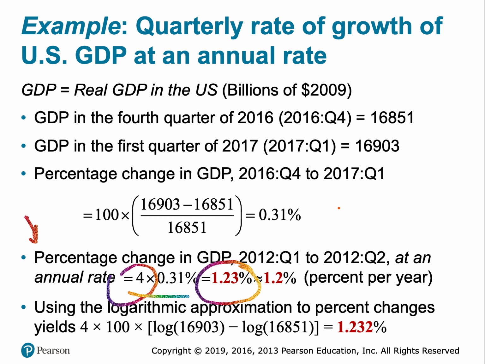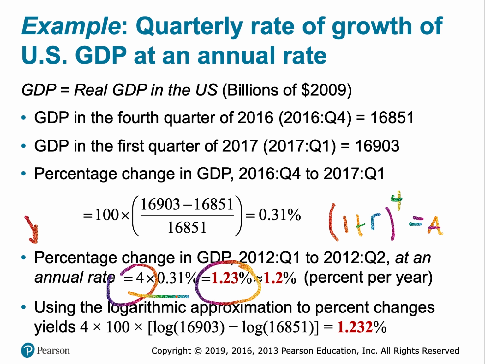The way to go from a quarterly rate to an annualized rate more accurately would be 1 plus r to the 4, where r is the quarterly rate. This will give you the annual rate. So in this case, r is equal to 0.00031.